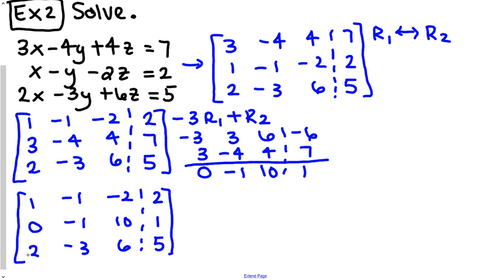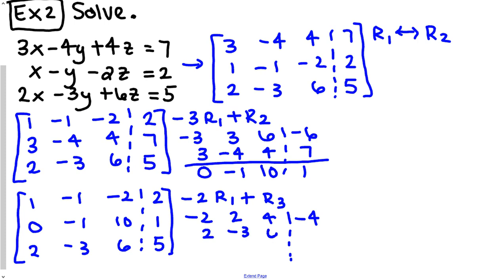So now we want this 2 to be 0. We do the exact same thing. Negative 2 times row 1, and we're going to add it to row 3 this time because I want to cancel out that 2. So negative 2, positive 2, 4, negative 4. And we're going to add it to row 3: 2, negative 3, 6, and 5.